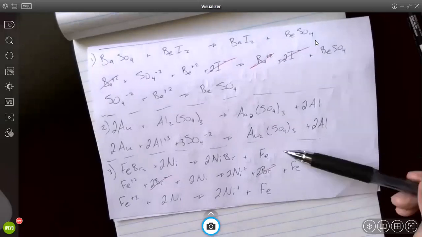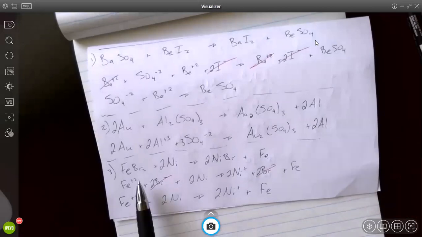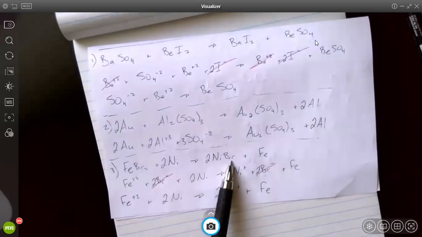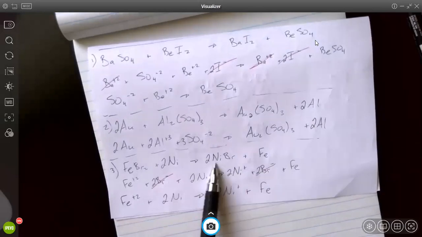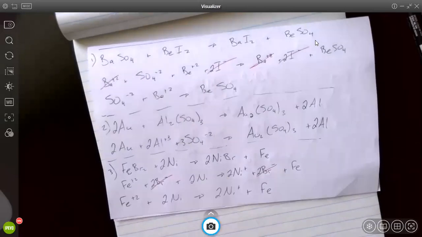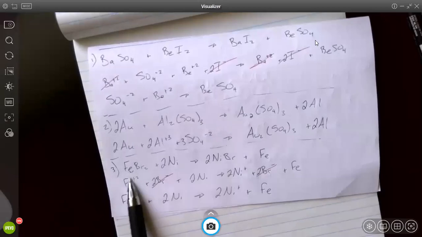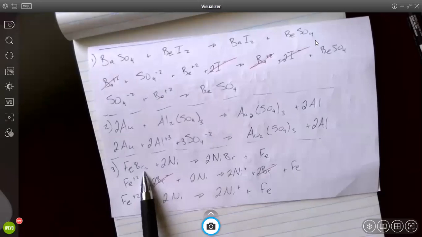And then for the last example, we have iron bromide reacting with nickel to make nickel bromide and iron. I didn't tell you what the charge of nickel is, so you can give it whatever charge you want. To be honest, a charge of 1 is the easiest. Then we break apart our iron bromide since it is an ionic reactant. It gets broken apart into the ions.